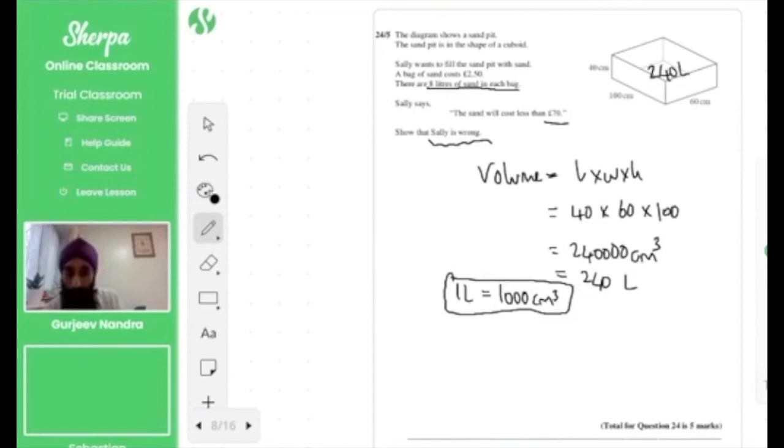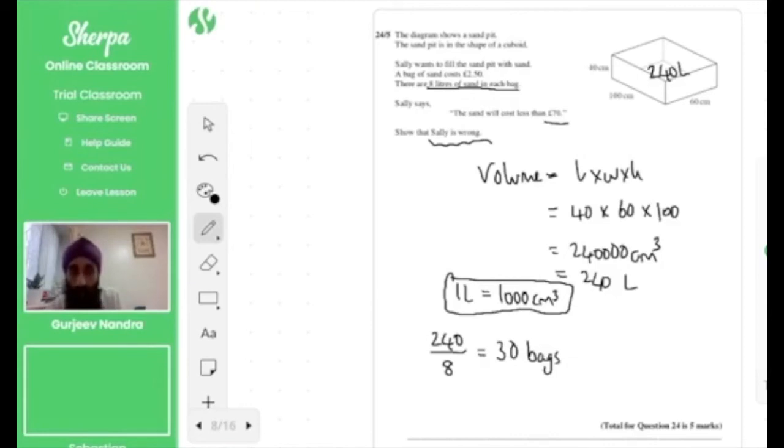Well, the sand comes in packs of 8 litres. So we need to know how many packs we need. So we can do 240 divided by 8, which is 30. Again, I'm doing 24 divided by 8, which is 3, and then putting a 0 on the end. So that's 30 bags that we need.